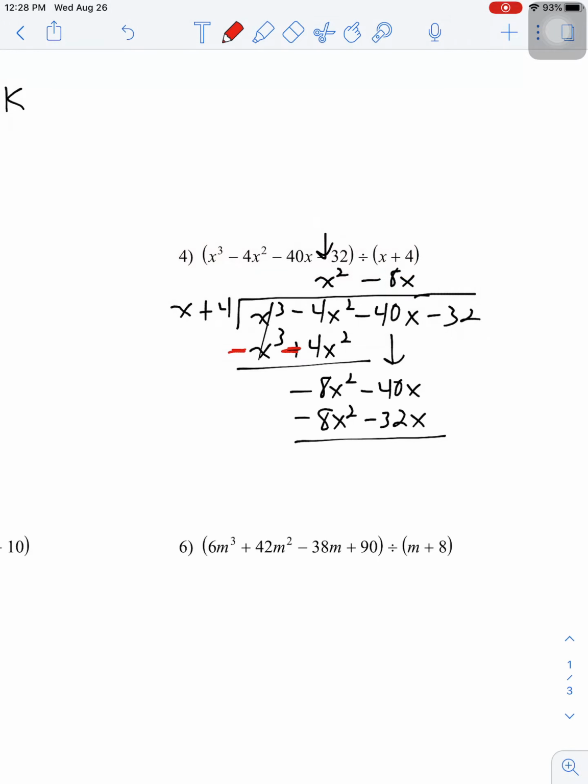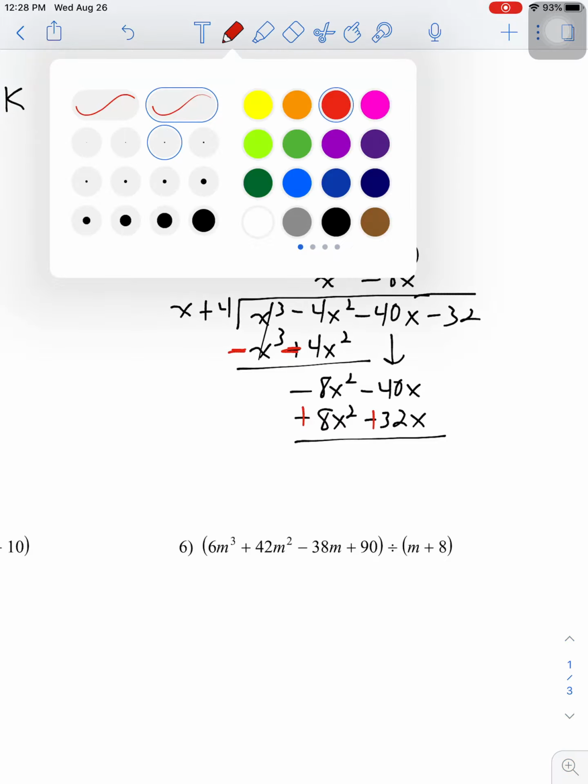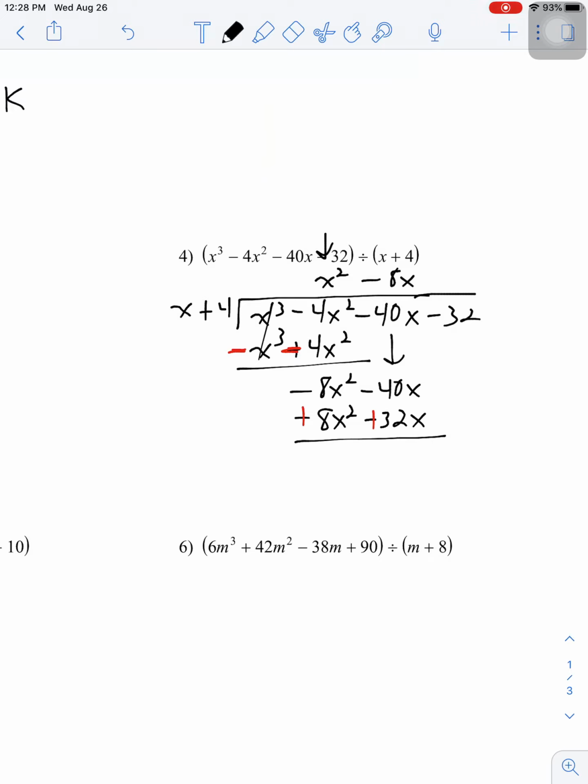And then again, when you go to subtract, that's basically going to change the signs on both of those. And you know you're on the right path when that first part drops out. And then negative 40x plus 32x is going to give you a negative 8x. And then we bring down the negative 32.